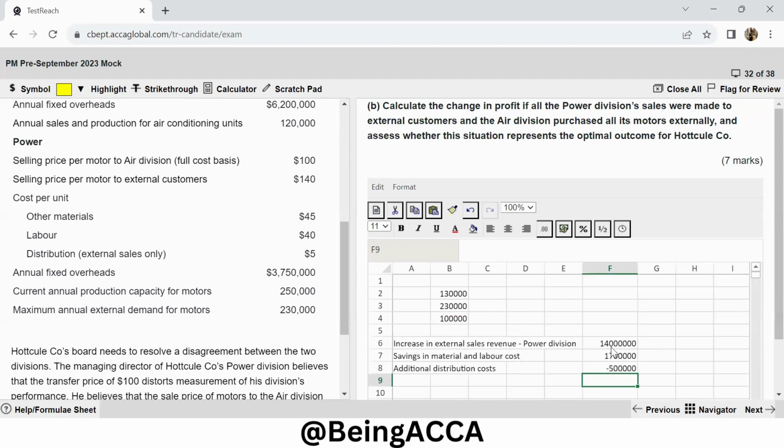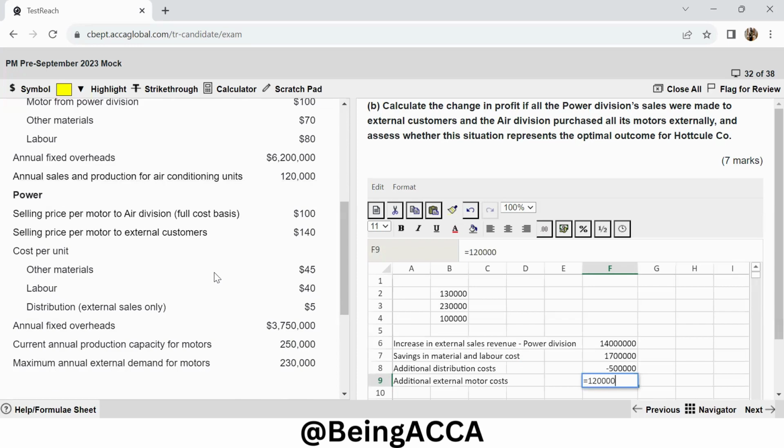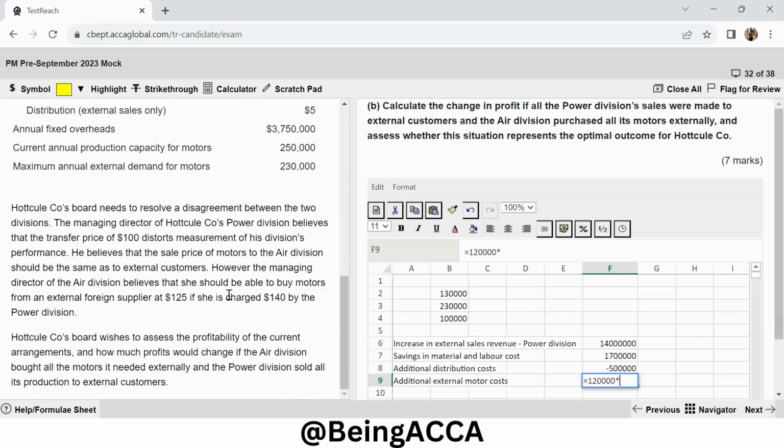These are all inflows so far, the first two figures. Then we have our additional external motor costs, because now the air department is going to be purchasing all its motors externally. They need 120,000 motors and they will be buying them at 125, so this will be 125 multiplied by 120,000, and this is again a negative figure because this is something extra that the company is spending.